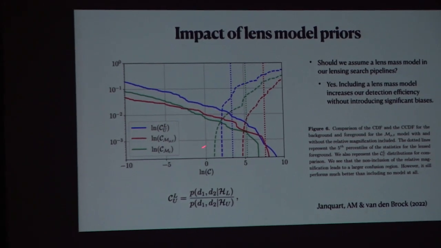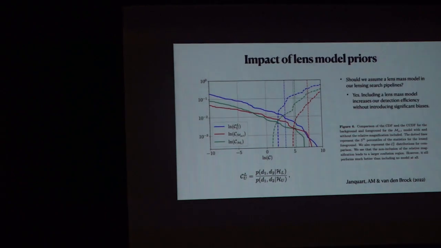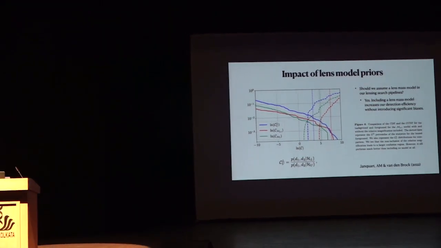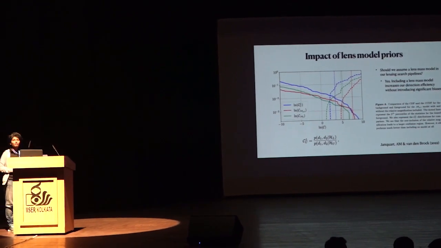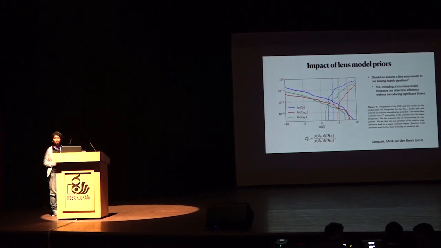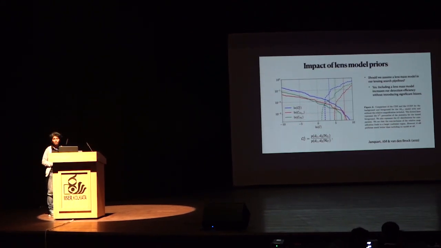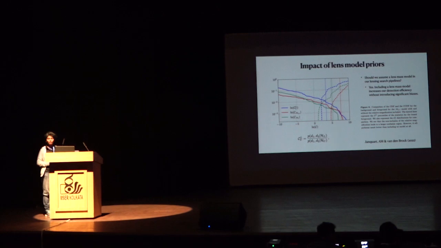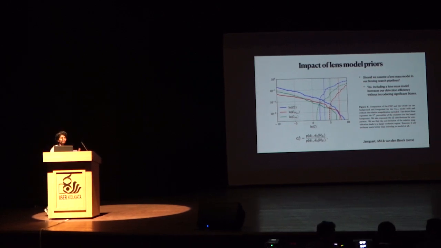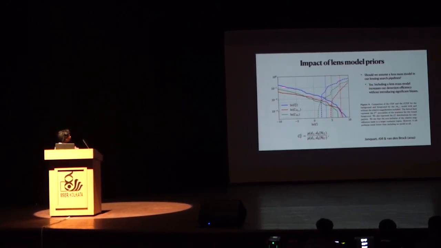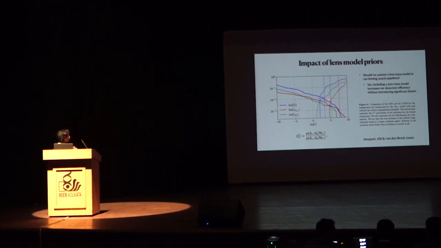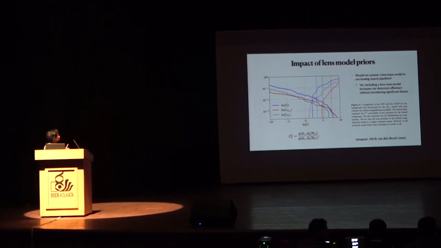So this particular study shows that if we are making an assumption for some lens model, it still helps us to better discriminate between the unlensed and the lensed population, rather than not assuming any model at all. And that is shown by the blue curves versus the red curves in the data.